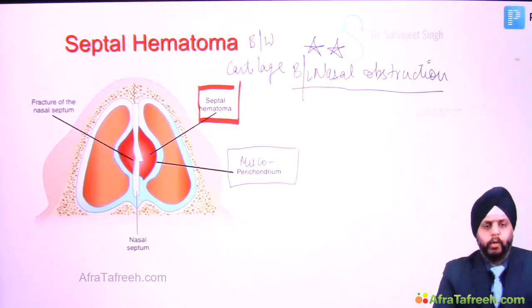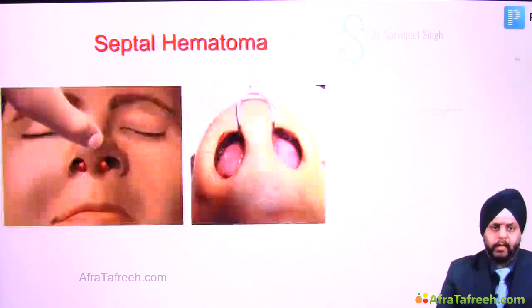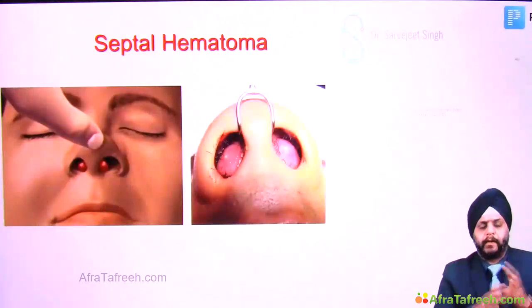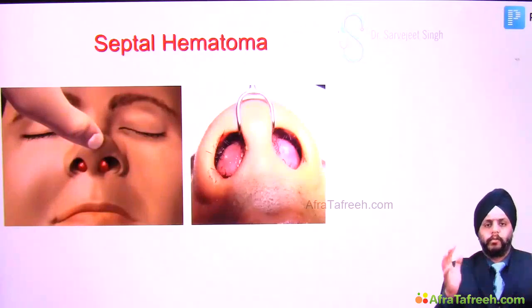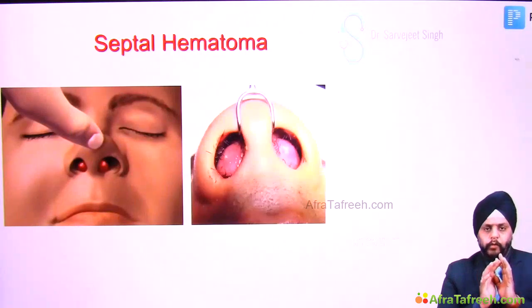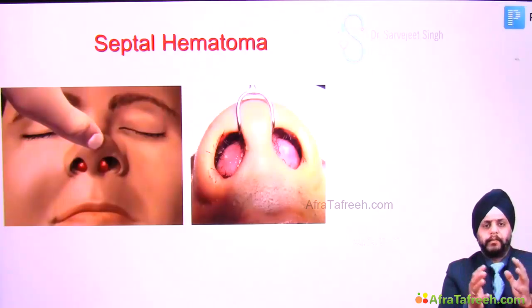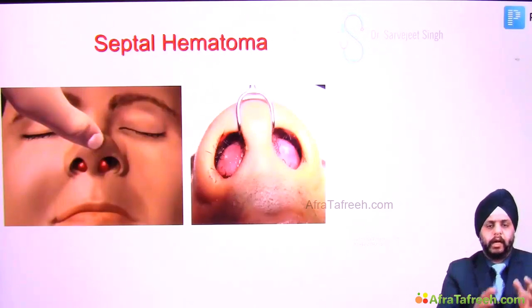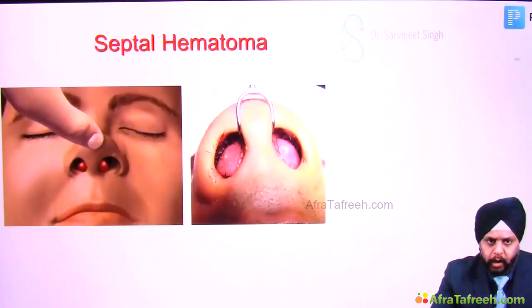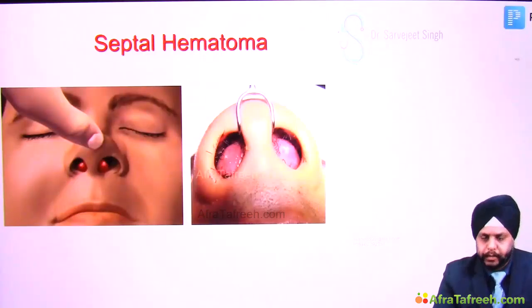What will we find on examination? When you look at the septum, you will see that the septum is swollen on both sides. That means there is some collection between the cartilage and mucoperichondrium, which is likely to be blood.